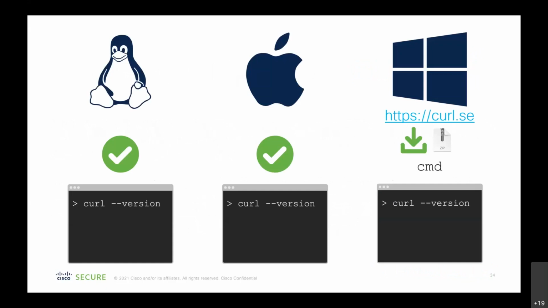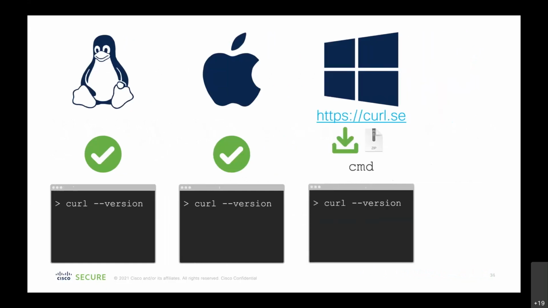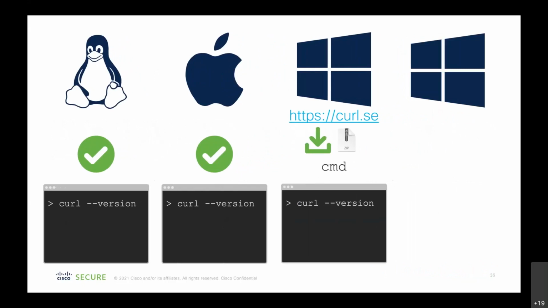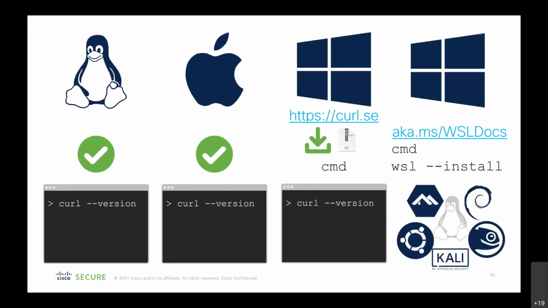Supported on all the major platforms, but it's native actually in Windows and Mac OS, because at the end of the day, they're both based on a Unix kernel. Windows especially, you have to go ahead and download that, but there's another option I would recommend, and that is if you want to go ahead and install something called WSL, Windows Subsystem for Linux.